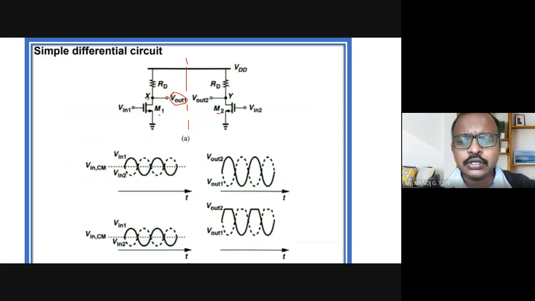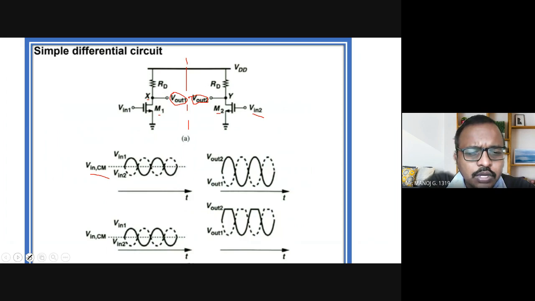Similarly on the left hand side with input V2, you have output Vout2, another common source amplifier giving the output. When you represent this with respect to time, this is the common mode input, and this is the differential signal V1, and this is the input V2.